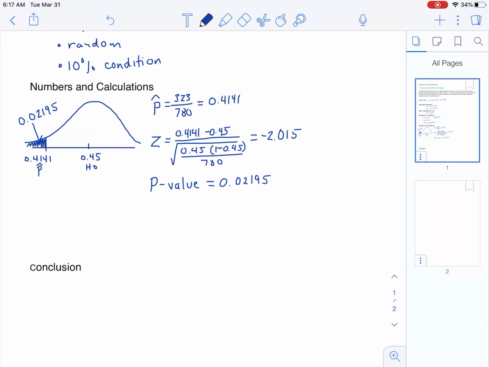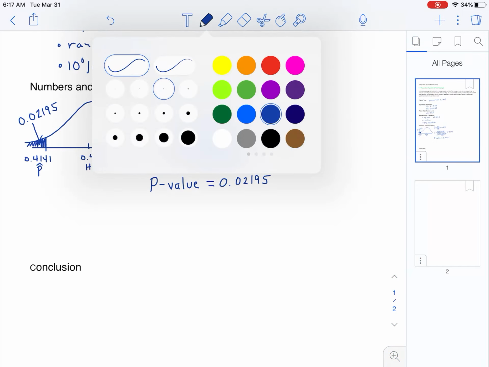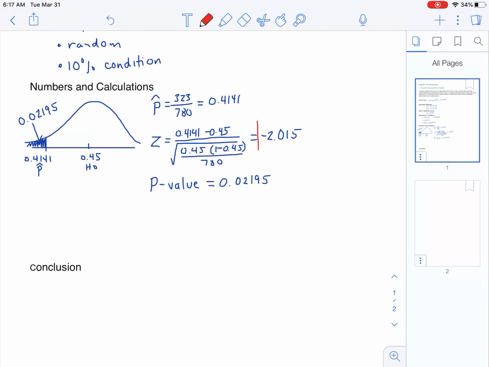So hopefully you took a few seconds yesterday to get the z-score just by plugging into any calculator and then getting the p-value. If you have your calculator home, you would use normal CDF for that.